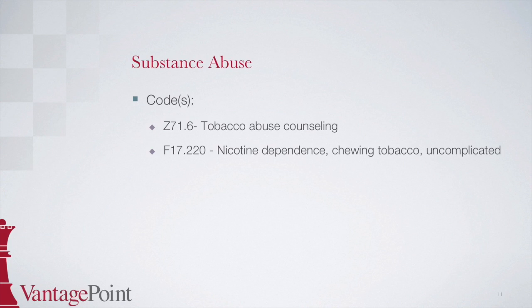Therefore, you would go to the term drug under dependence and then find nicotine indented below. Since documentation states that the patient presents for chewing tobacco cessation, you want to find chewing tobacco indented below nicotine. This points to code F17.220, and after reviewing this code in the tabular, it is apparent that this code for uncomplicated is the most appropriate.